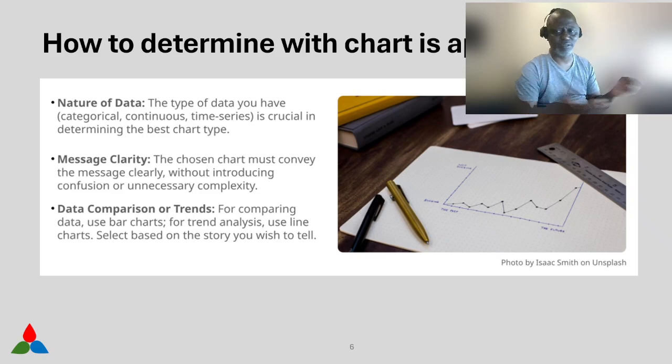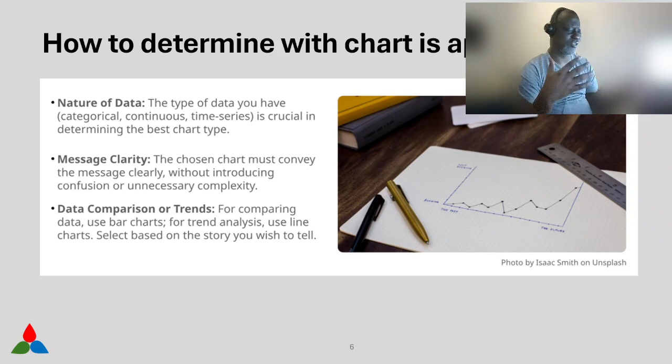How do we determine which chart to use for what? The type of data determines which of them. If you have a categorical data type, it is advisable to look at pie charts and bar charts.